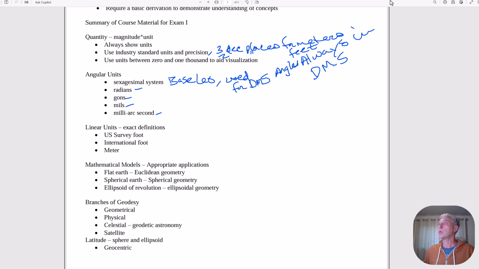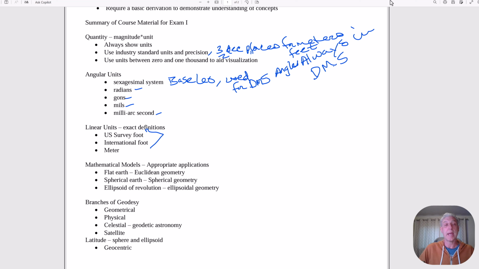Let's see, U.S. survey foot and international foot. I'm going to spend a little bit of time here. There seems to be confusion about which conversion factor to use for U.S. survey feet and international feet. I think that there are some people, and it's not just this course, who just don't care.